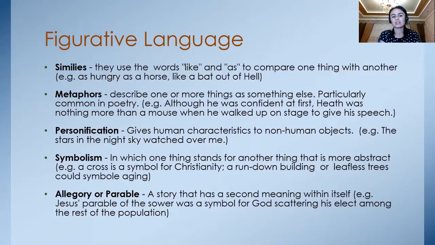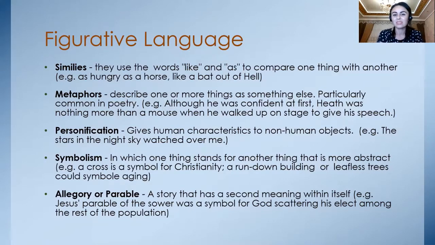Personification is another means that can be used in writing a narrative. When you personify something, you give human characteristics to non-human objects, for example, to animals or items, just like in this example: stars in the night sky watched over me.